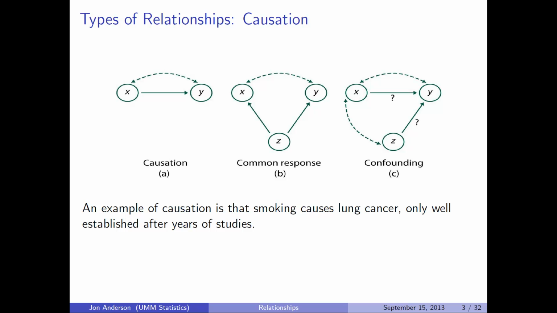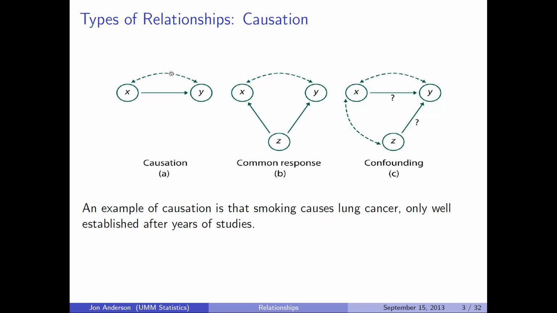The diagram here on the left talks about the idea that one factor X causes a change or influences the distribution of another variable Y. And so the solid one-directional arrow is the causation arrow.